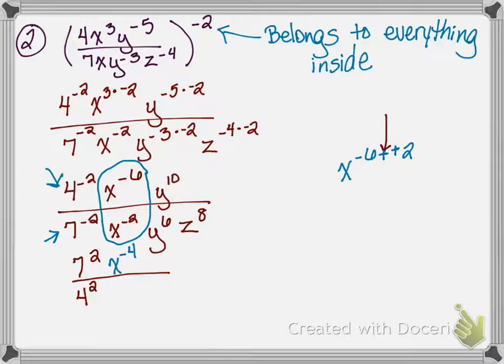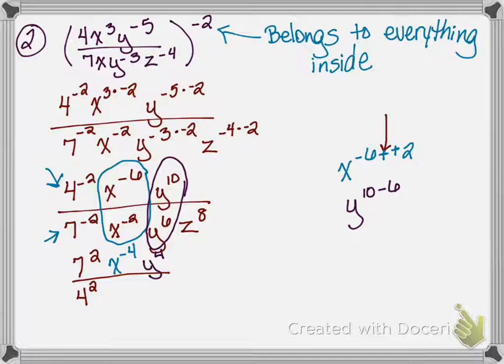Okay? Now, let's look at my y's. Y to the 10th and y to the 6th. That is y to the 10 minus 6. What is 10 minus 6? 4. So my y's are going to stay in my numerator. Then I have z to the 8.